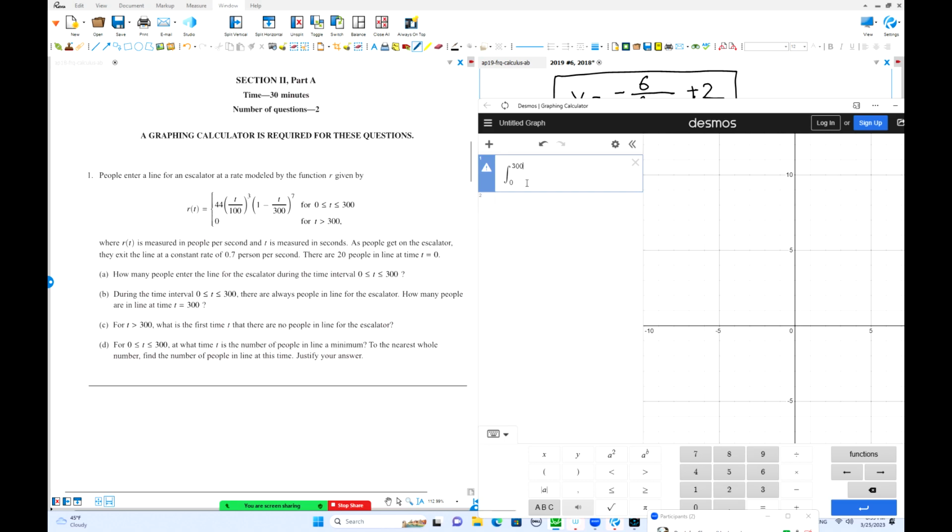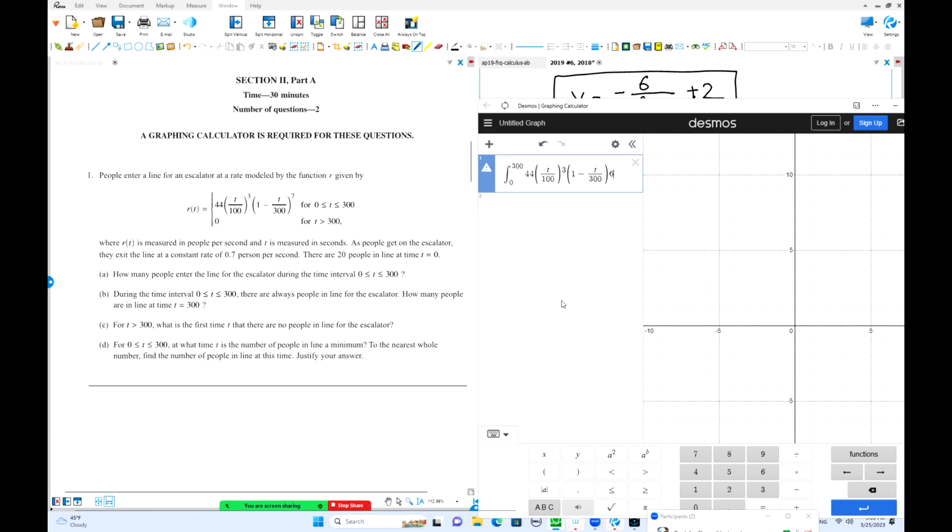I'm going to put in 44, t over 100, cubed, times 1 minus t over 300, to the 7th power, dt.